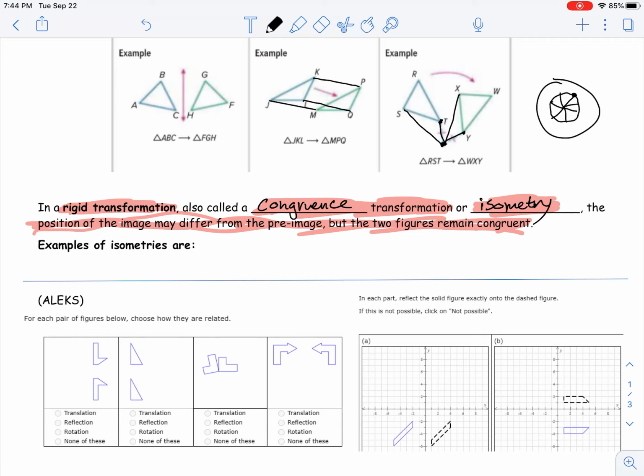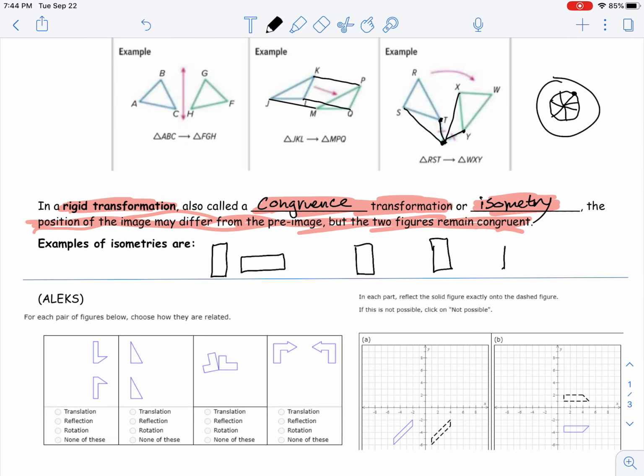So some examples of isometries would be, let's just do a rectangle. I know that's not a perfect rectangle, but this would potentially be a rotation of that rectangle, right? Or I could slide it, so maybe I move it over here. Or our last one was the reflection, and a reflection is kind of tough to draw, but maybe I'll draw a different figure.